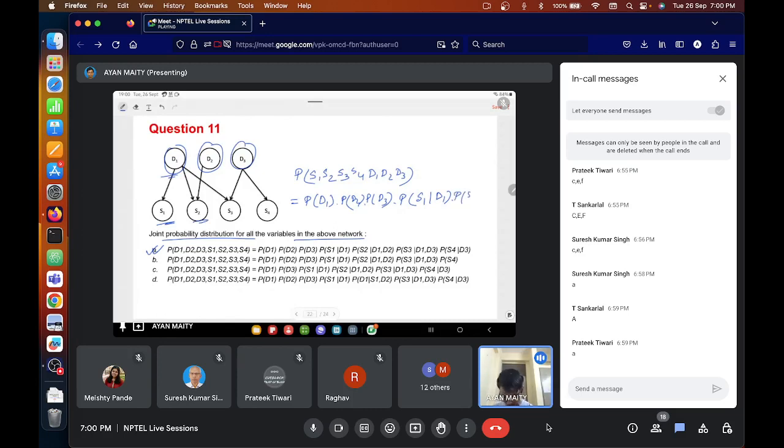So for S2 we write probability of S2 given D1, D2. Now for S3 there are two incoming edges from D1 and D3. So for S3 we write probability of S3 given D1, D3. And finally for S4 there is only one incoming edge from D3, so probability of S4 given D3. So this is the joint probability distribution for all the variables in this Bayesian network, and option A is the correct answer.